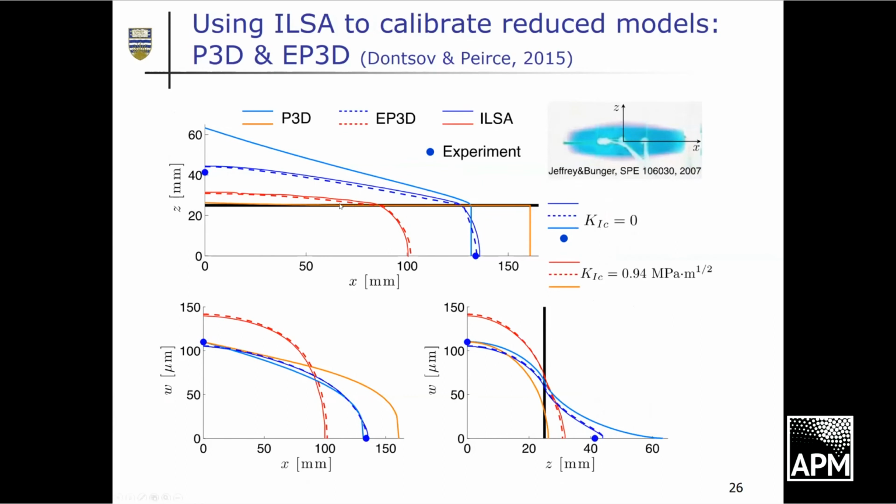Here, in this case, when you've got a significant toughness, the classic P3D model ends up here, and by making the appropriate tip adjustments to the EP3D model with a non-local operator, Jaeger was able to come up with an EP3D model that's incredibly accurate.